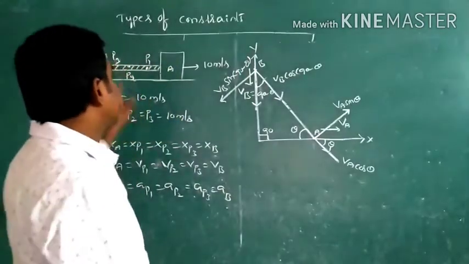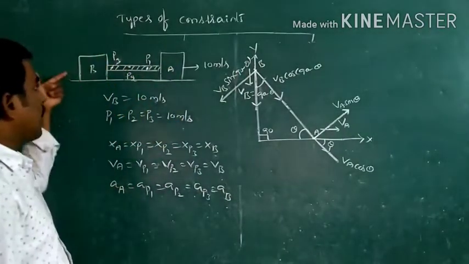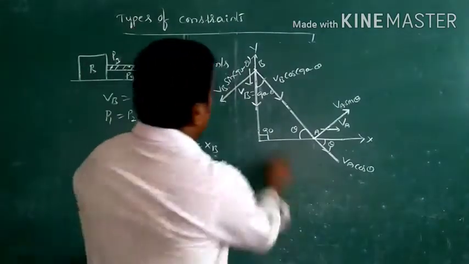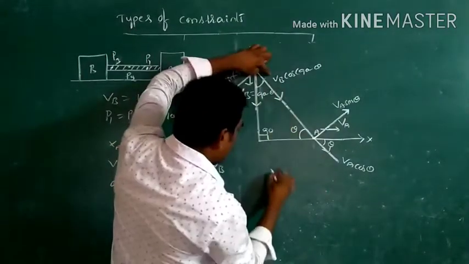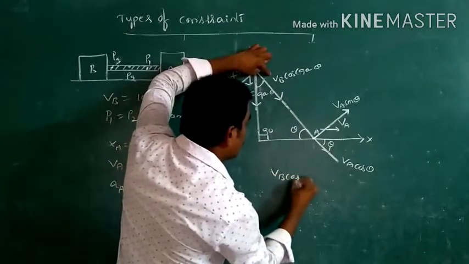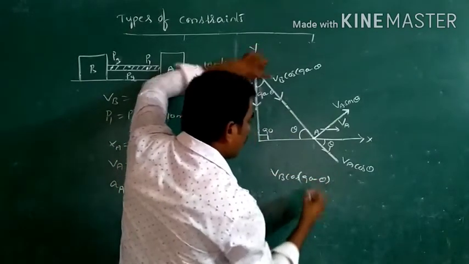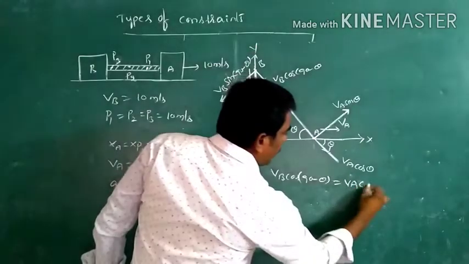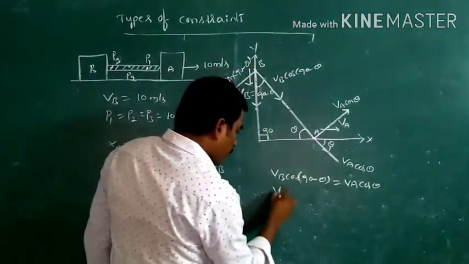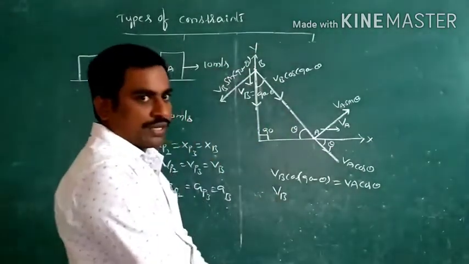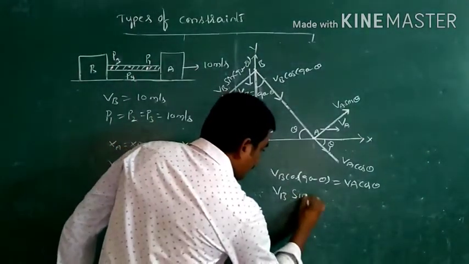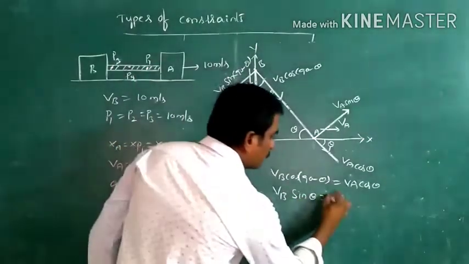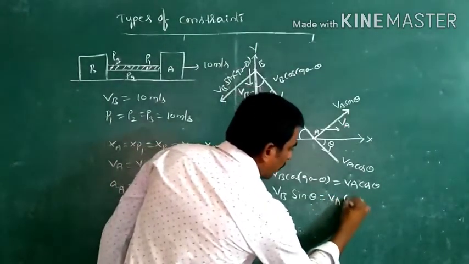So according to this definition, the velocities along the line, at any point along the line, are equal. This is VB cos(90 minus theta), which equals VA cos theta. Now cos(90 minus theta) is equal to sin theta, so VB sin theta equals VA cos theta.